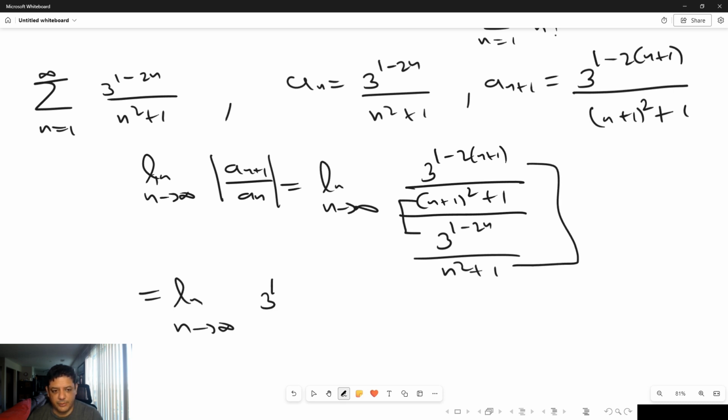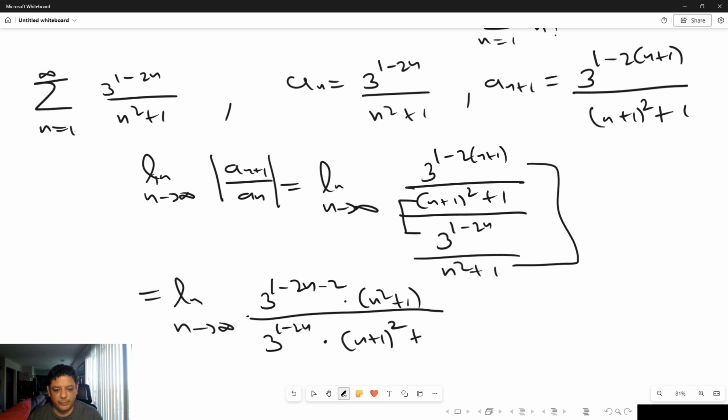This is 3 to the 1 minus 2, and then minus 2. Just multiplying this here. And then times the bottom, which is n squared plus 1, over 3 to the 1 minus 2n, times (n+1) squared plus 1.